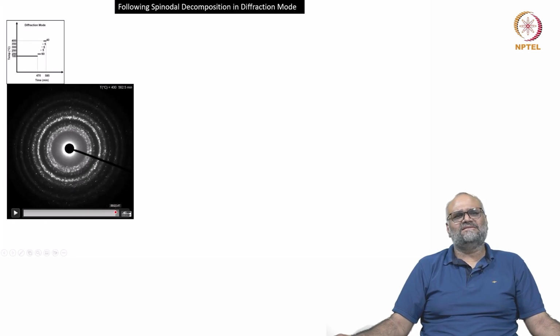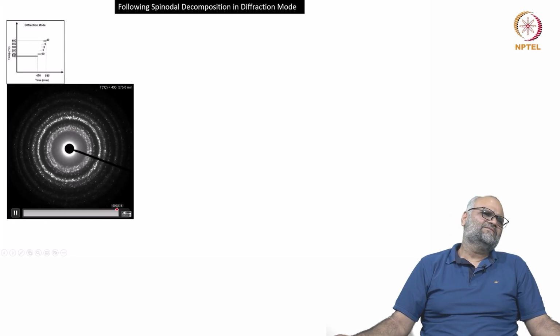And as I heat further beyond 200, there is a significant change, and what initially appeared like an amorphous kind of a ring, it starts appearing like a spot ring with two separate phases.